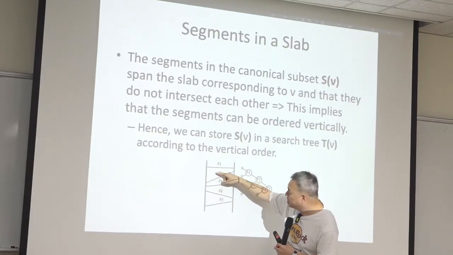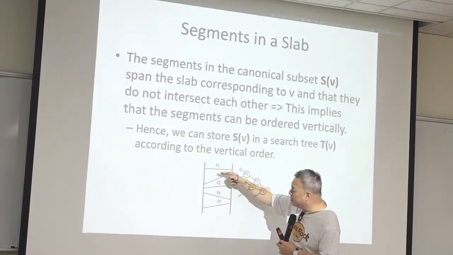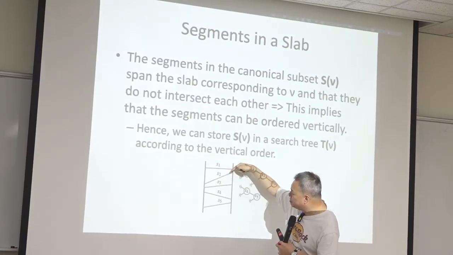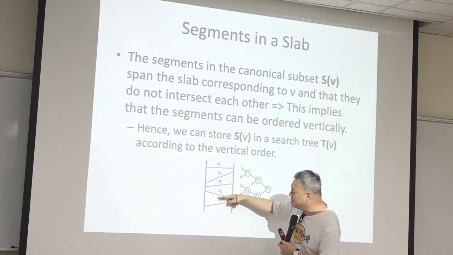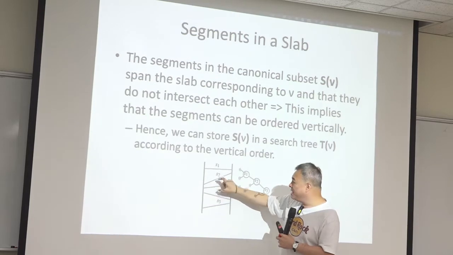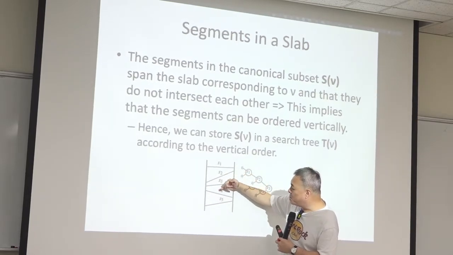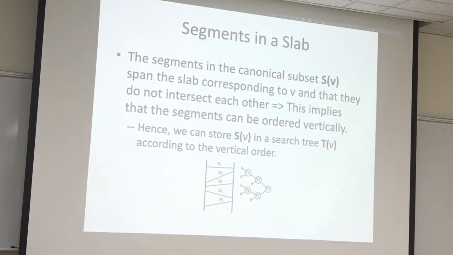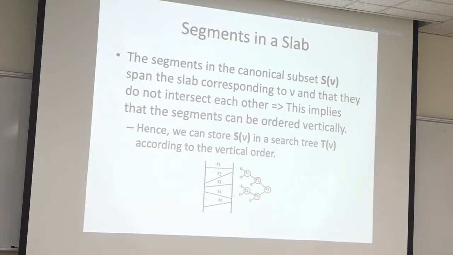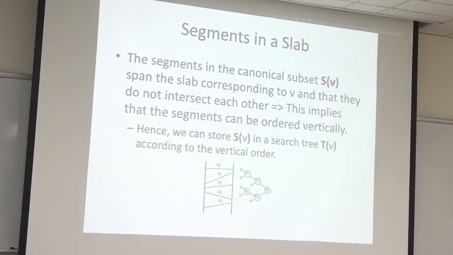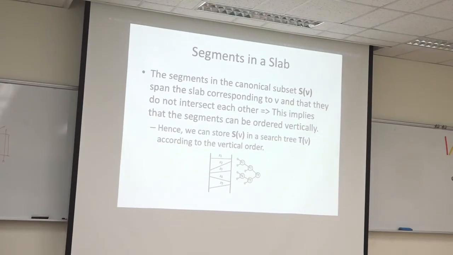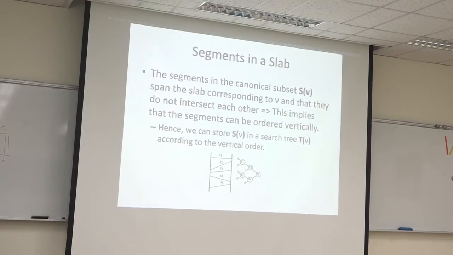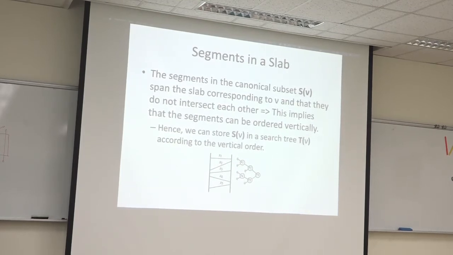So we need to search on the endpoints. For example, the upper endpoint is in between S2 and S1. The lower endpoint is in between S4 and S5. So based on that, we know S2, S3, S4 intersect our segment Q, right? So we can safely report those segments, because at least part of those segments will be in our window.